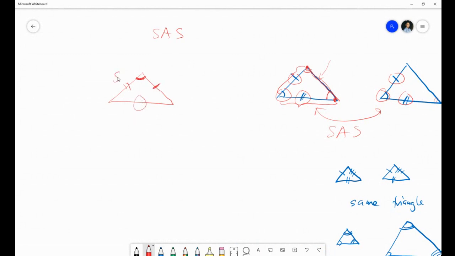Side, angle, side are adjacent to each other. So I cannot say side, angle, and then choose this side. That's not true. Or I cannot say this side, angle, and then this side. That's not true, because it's not adjacent.